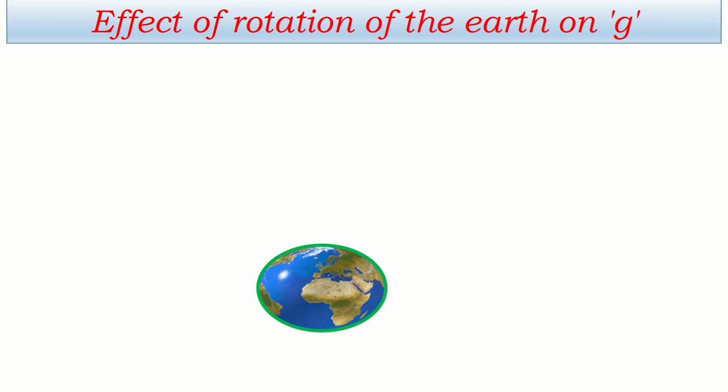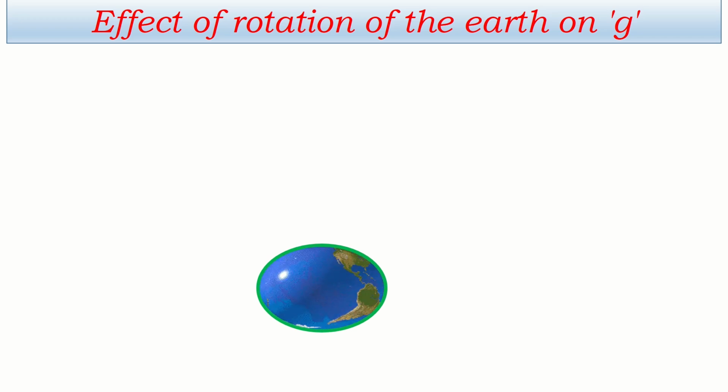Effect of rotation of the earth on g. Earth is rotating around its axis. Because of this rotation, the substances present on the surface of the earth are also rotating in a circular path. If a body moves in a circular path, then a force acts in the direction opposite to its center, which is called centrifugal force.